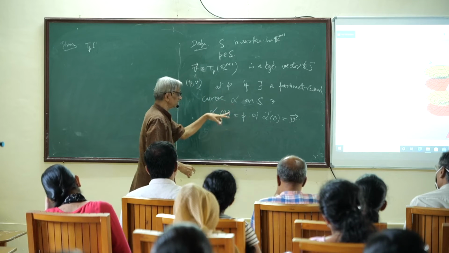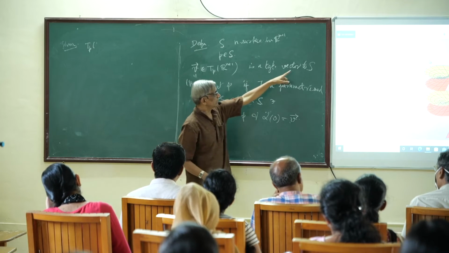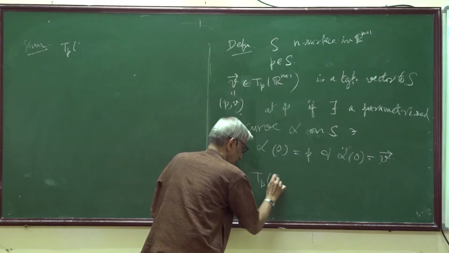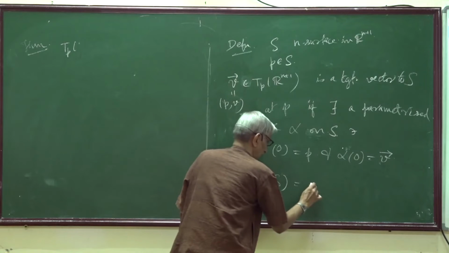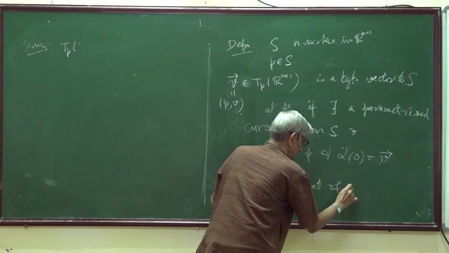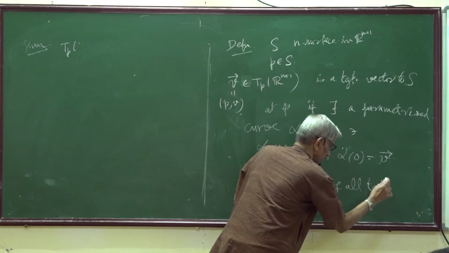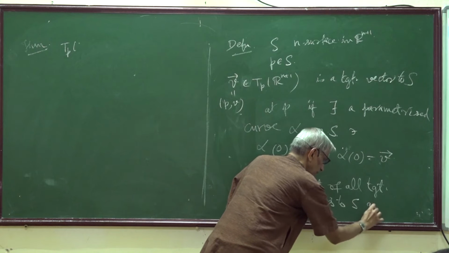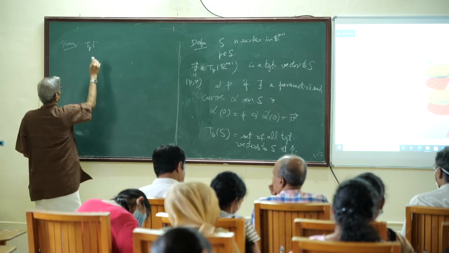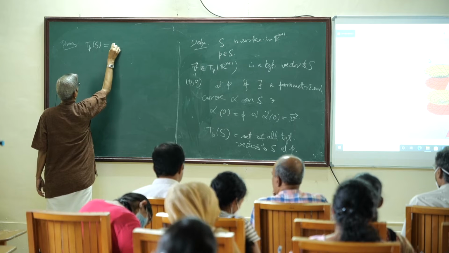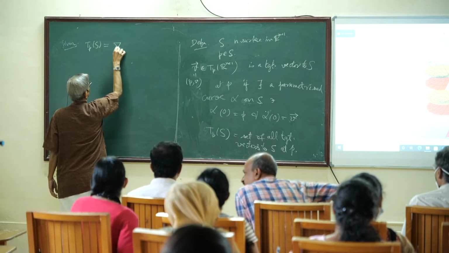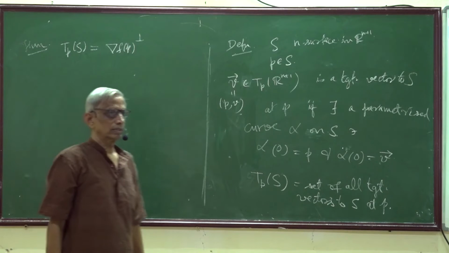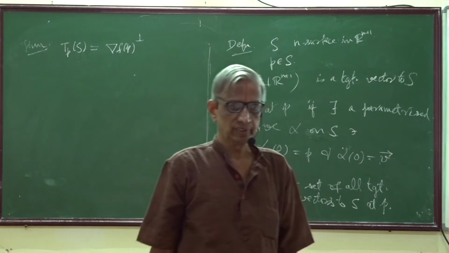So all tangent vectors to S at the point P, we will write T_P S, instead of all tangent vectors to S at P. The result is that this is nothing but the orthogonal complement of the gradient of F at P.